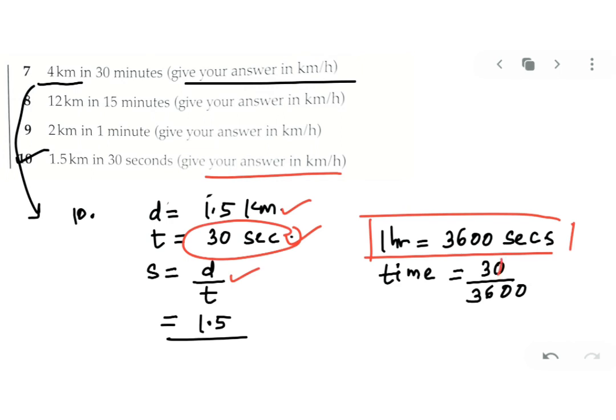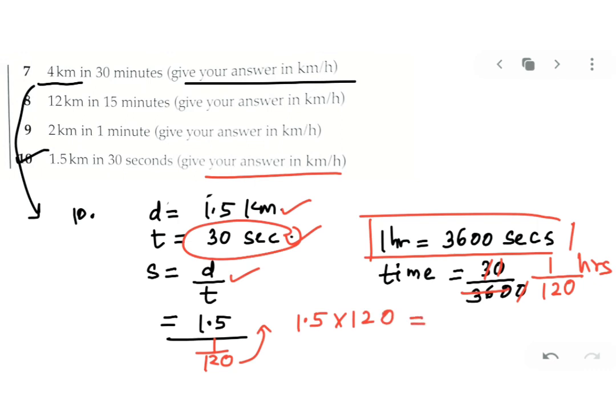Once you divide, you will get 1 upon 120 hours. So now I have given speed is equal to distance upon time. Distance is 1.5 and time is 1 upon 120, I'm sorry. Now if I take this here into multiplication, it will be 1.5 into 120. Am I correct?